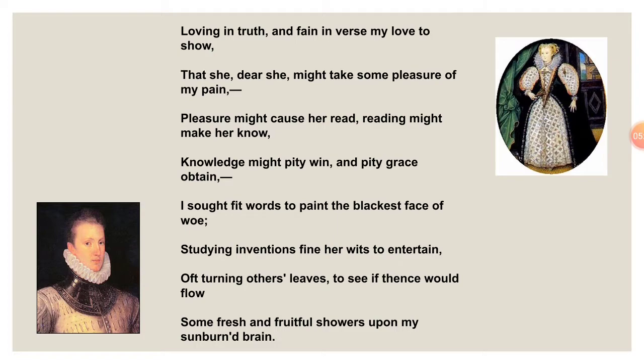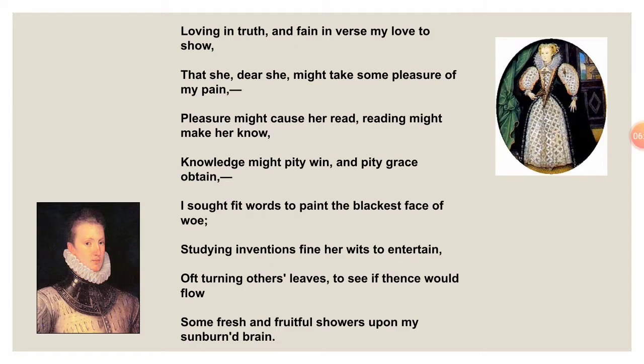So, loving in truth. Loving in truth here means the expression stands for the poet's genuine love for Stella. The poet is deeply in love with Stella. And fain in verse my love to show. Fain here means willing, gladly wanting.